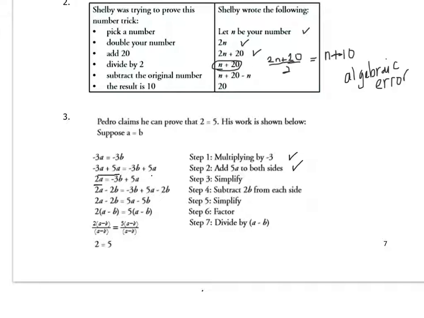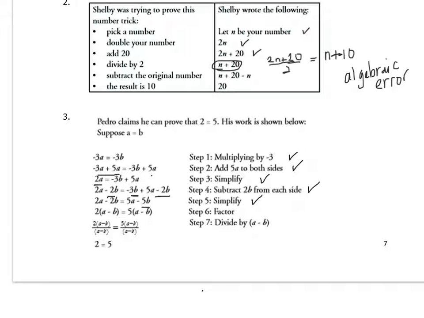The right hand side stayed the same, so that's okay. Then he subtracted 2b from both sides, which seems okay. The left side is 2a minus 2b, and on the right side he combined the -3b and the -2b to give you -5b, so you end up with 5a minus 5b, which is okay.